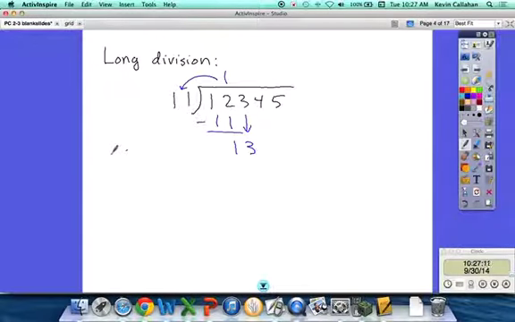A half times 12 is 6. A half times 3 is 3/2. Add it up. Negative 16/2 plus 3/2 is negative 13/2. So f of 1/2 is negative 13/2.